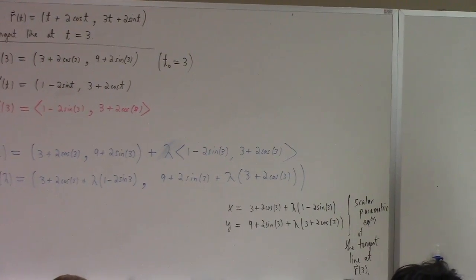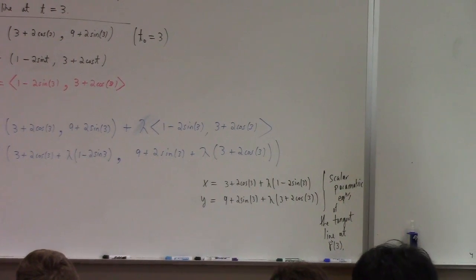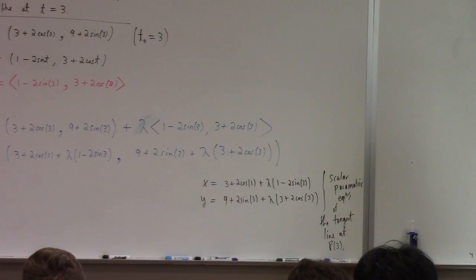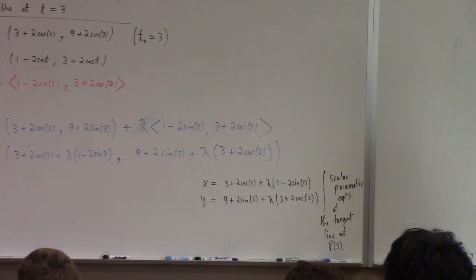Now, sometimes I don't like to use lambda. Maybe you don't want to introduce a new parameter. For whatever reason, maybe you still want to use time as the parameter for the tangent line. Maybe you want to give a simultaneous parameterization, using a parameter for the tangent line which matches the parameter for the curve itself.